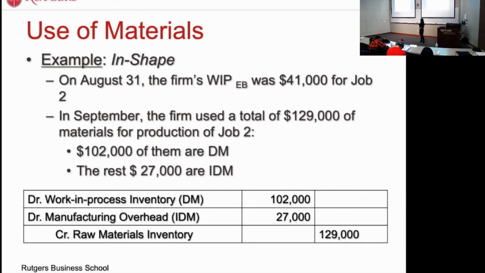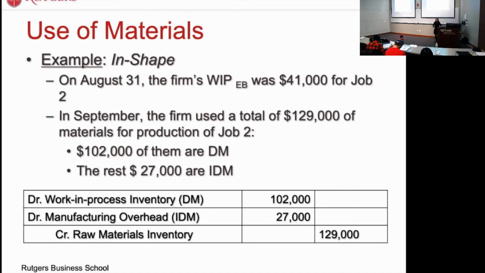Abdurrahman is asking what we do with the ending balance on work in process of 41,000 at the end of August. The ending balance of work in process will be carried over to September as the beginning balance.